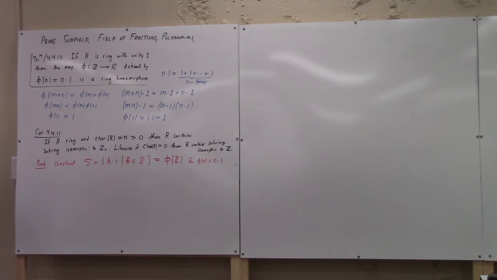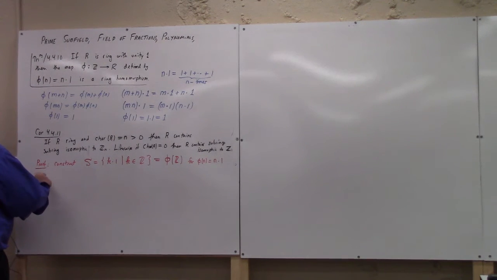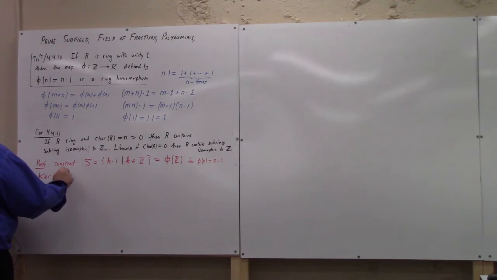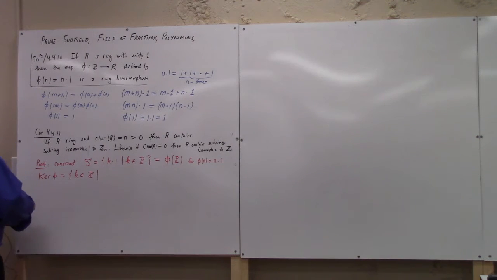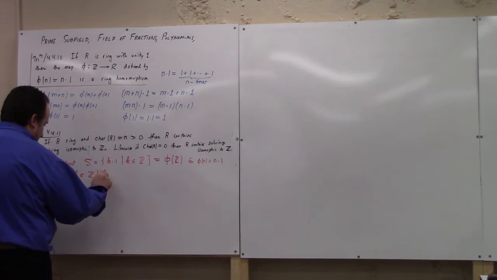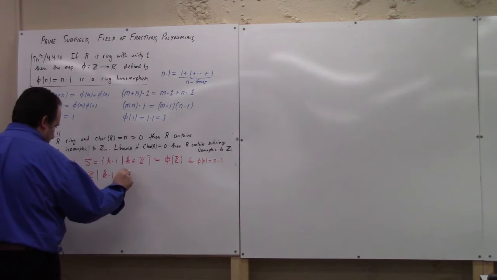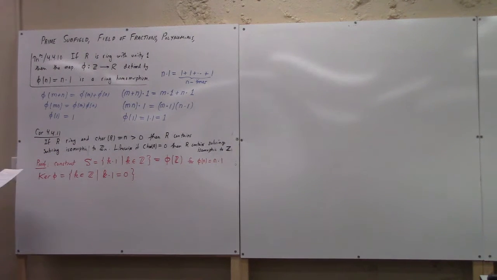And what's the kernel of the homomorphism? It is k in the integers such that k times 1 equals 0, by definition of kernel. So what is that? Well, that depends on which case we're in.